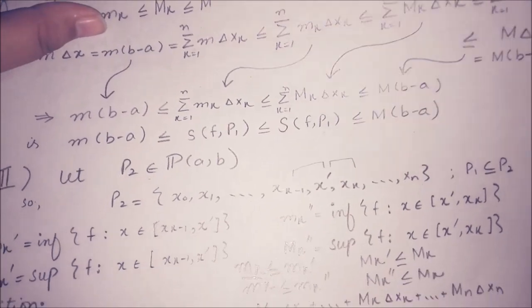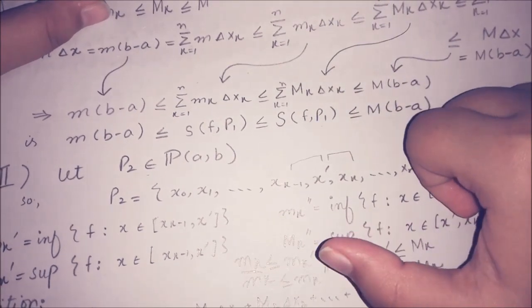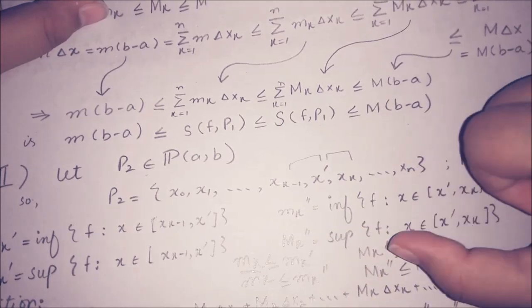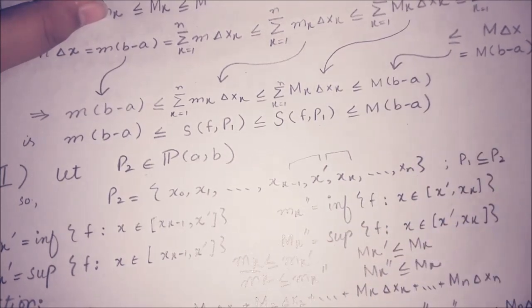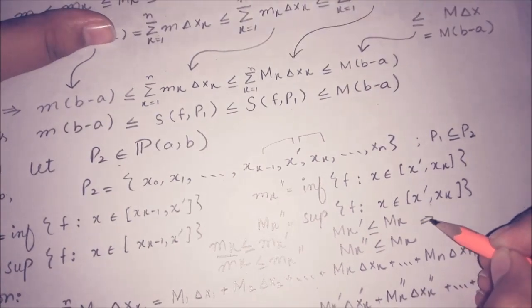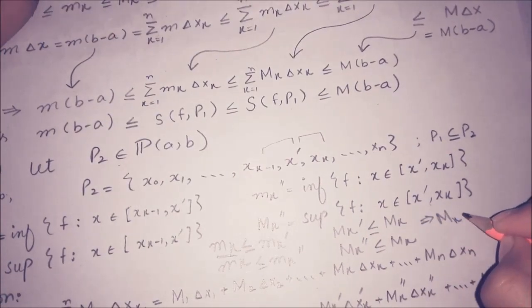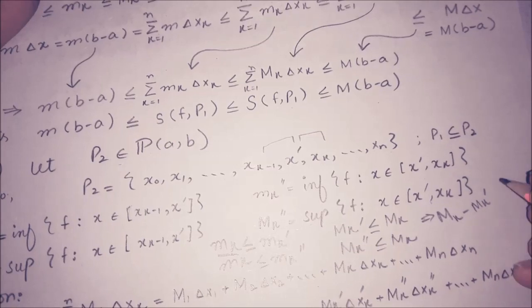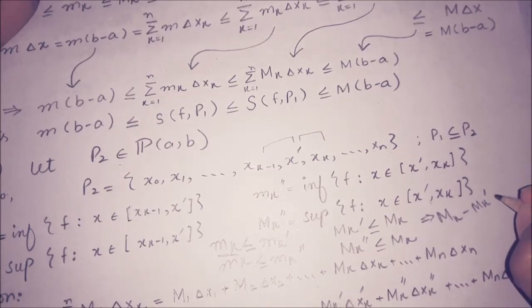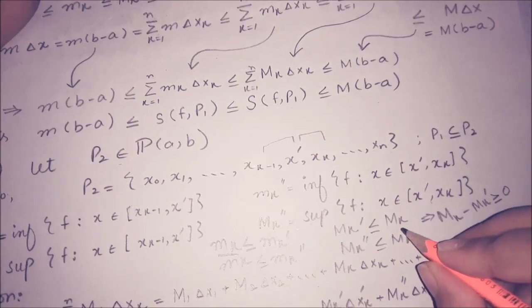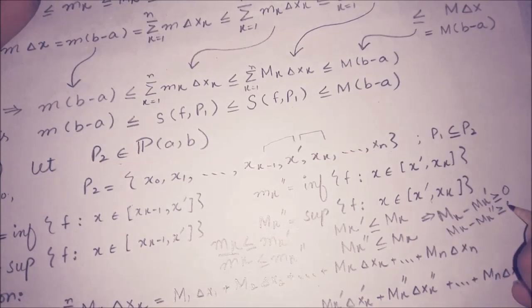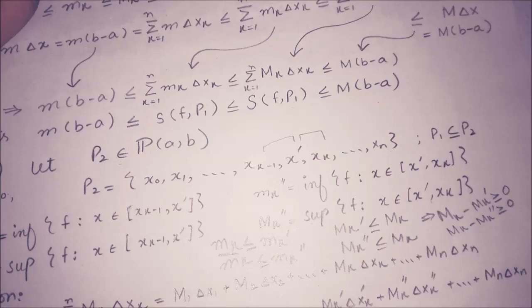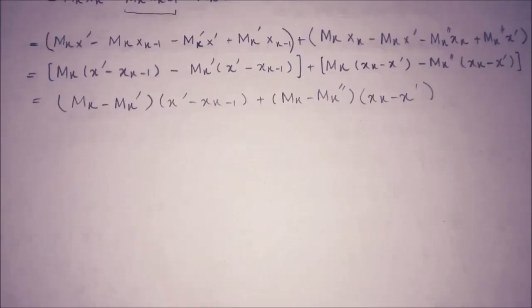So we will use the relation here that if we take the difference M_k minus M_k dash, it is greater than or equal to 0. And the same goes for M_k minus M_k double dash, which is also greater than 0. So the difference is also positive.